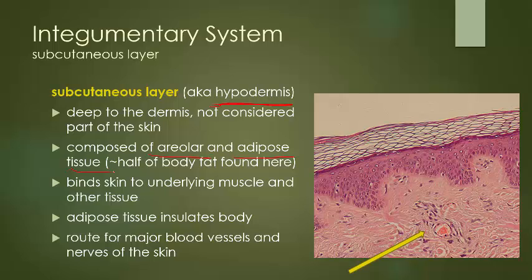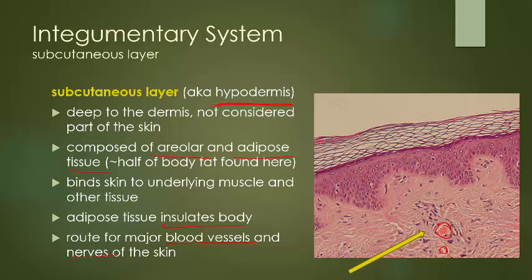It binds the skin layers, the epidermis and the dermis, to the underlying muscle and other tissues that we find just deep to the skin layers. And it functions primarily as insulation to the body, and it provides a route for the major blood vessels and for nerves to get to the skin. So here, there's a blood vessel in the subcutaneous layer.